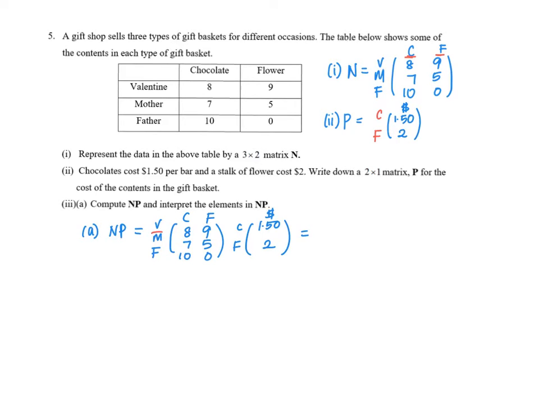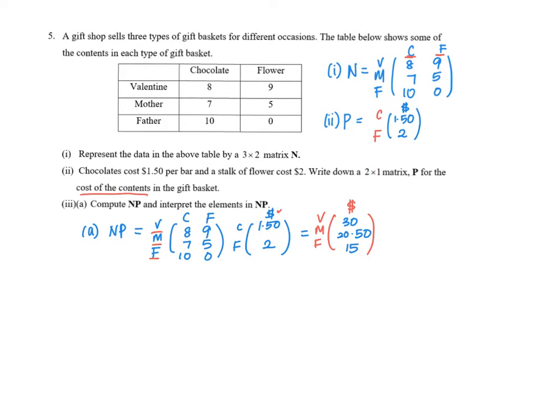This has 3 rows, so we will also have 3 rows, Valentine's Day, Mother's Day, and Father's Day, and 1 column, which is the amount of money. This is telling me it's about the cost of the content. Okay, so the total cost of each of the Valentine's Day, Mother's Day, or Father's Day basket. And we will get the answer for the following.